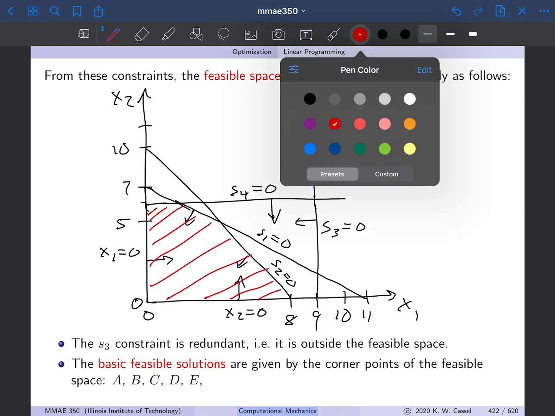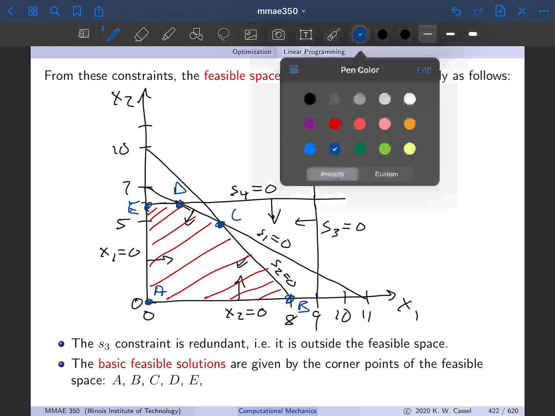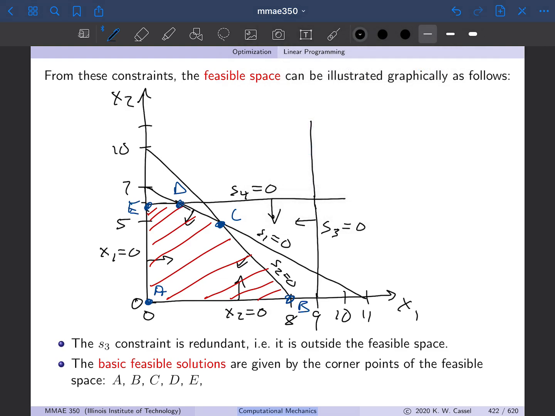Okay, so now let's label these points in blue. So let's start down here. This will be A, then B, C, D, and E. So those are the corners of the polygon that define the feasible solution.